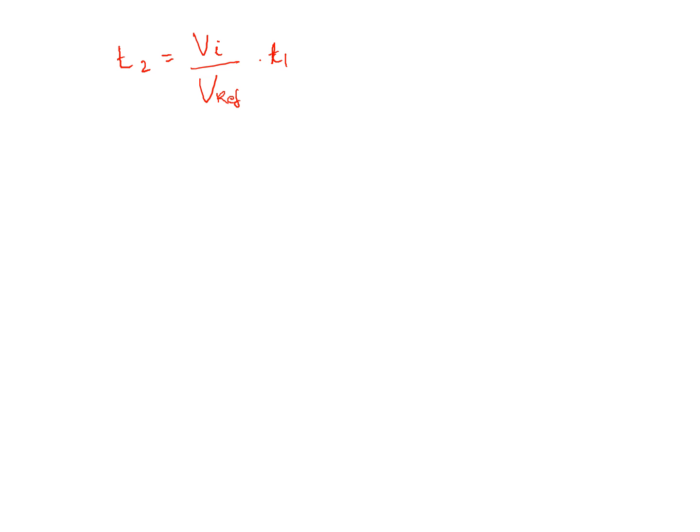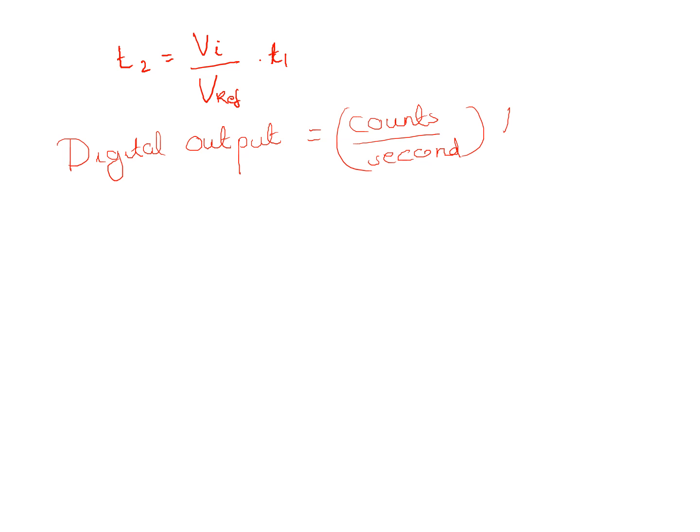So we can write your digital output as the counts per second times your T2. What is T2? It is VI by V reference into T1.